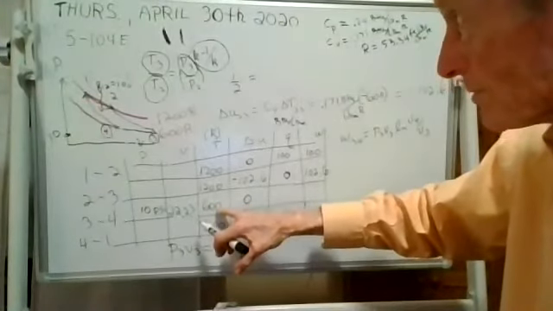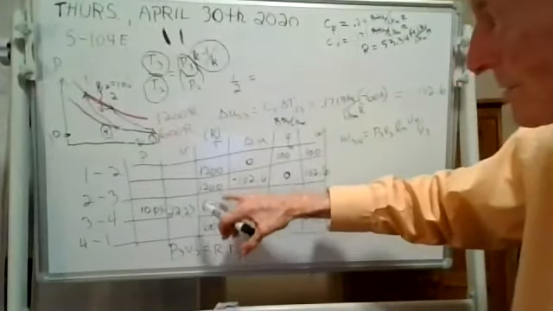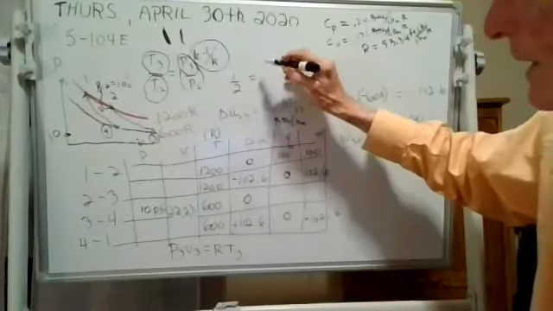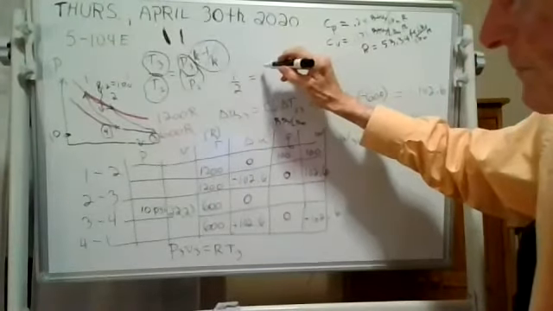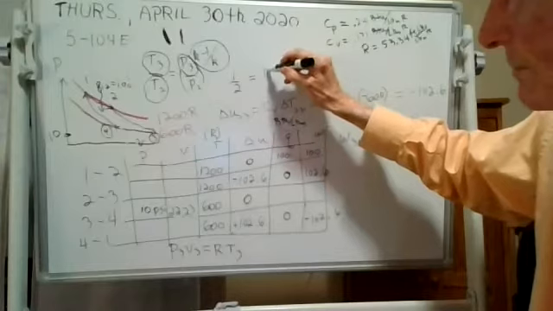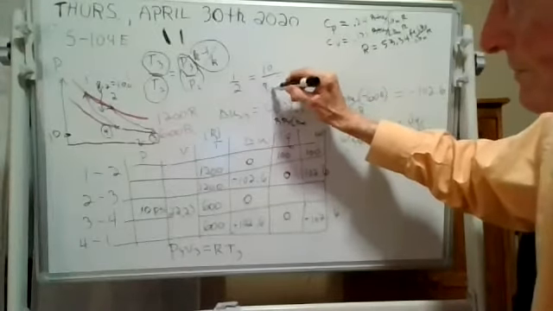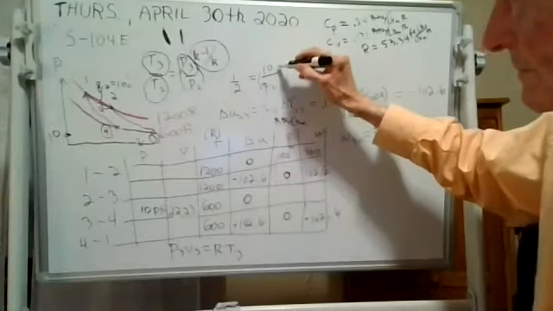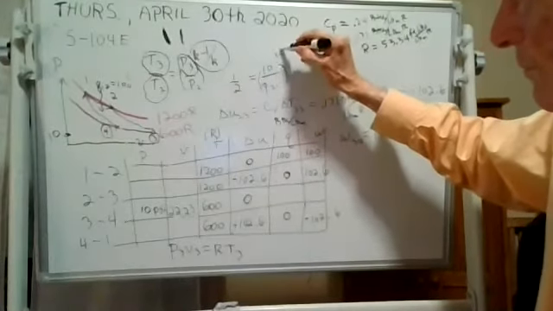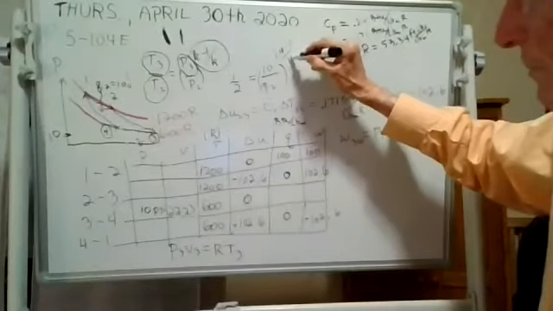A half. It's equal to P3, which is 10, divided by P2, to the power of 1.4 minus 1 all over 1.4.